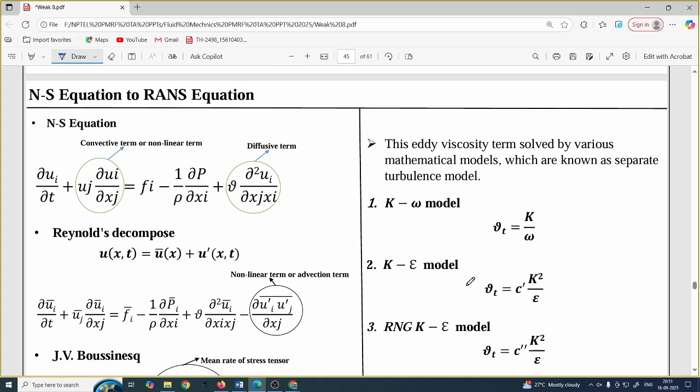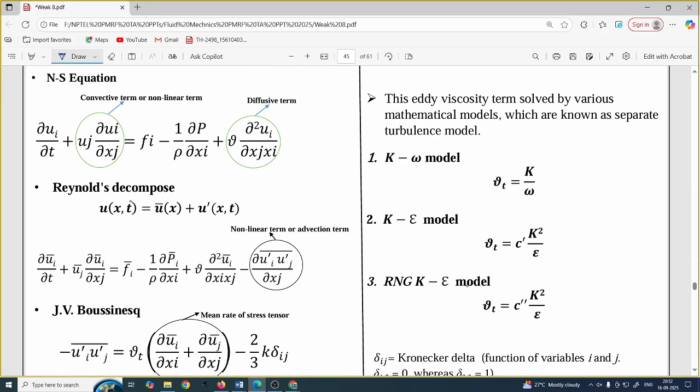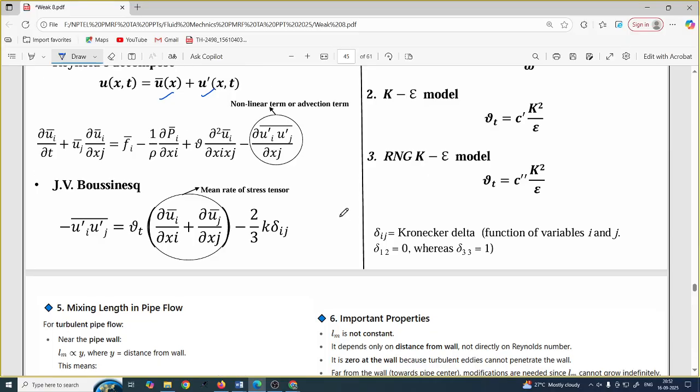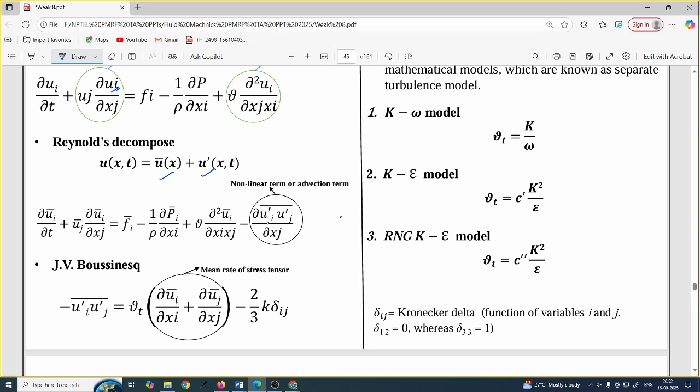So for that, Reynolds decomposed the velocity into two components, average and instantaneous, and after the calculation he came up with this u dash, and that means u dash in another direction, velocity in another direction, that is the i direction.